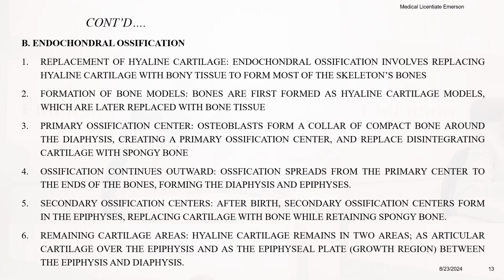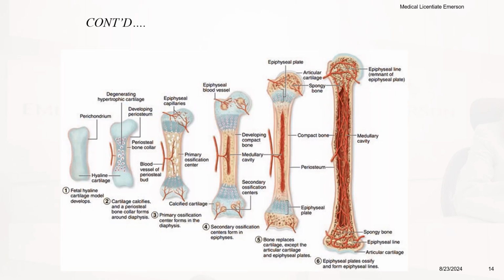That's about the endochondral ossification, and this is just a picture demonstrating what we are talking about. Okay, so from the fetal hyaline cartilage models developed, then the cartilage calcifies and a periosteal bone forms around the diaphysis.